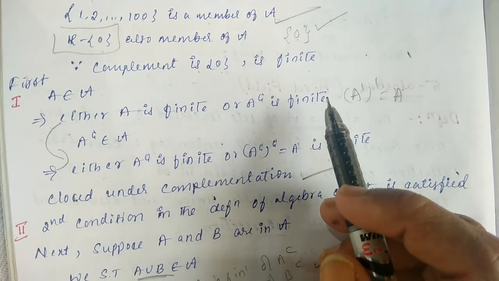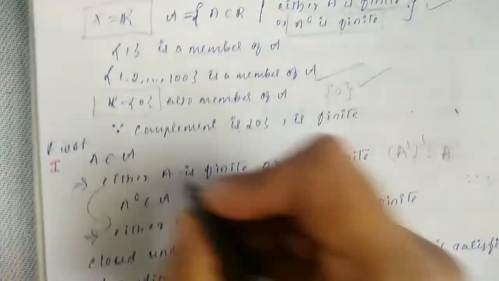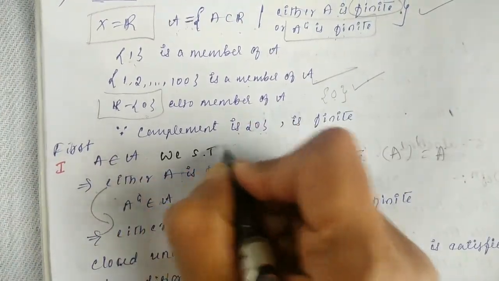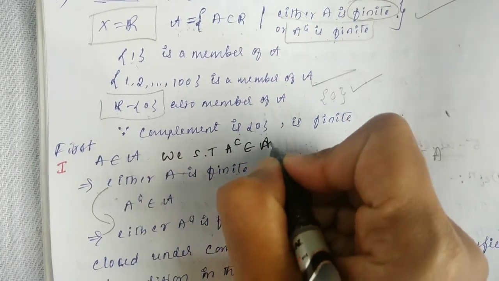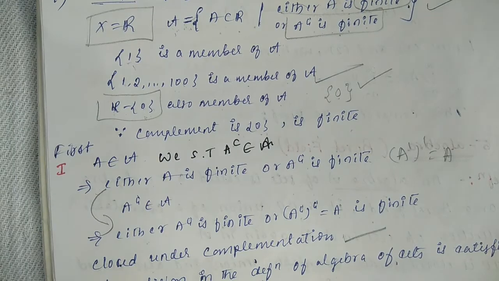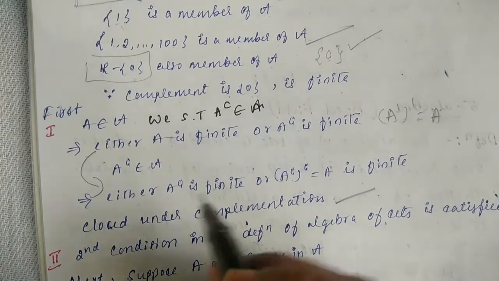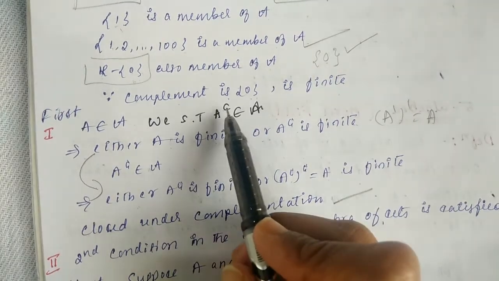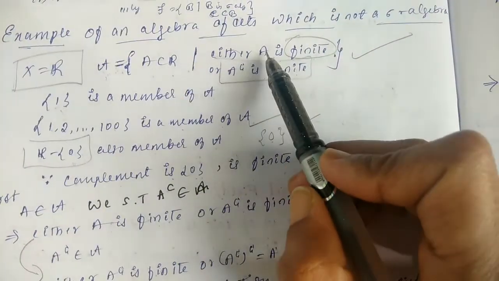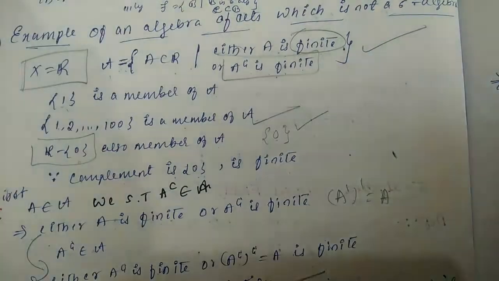What we have to show now is that A complement belongs to A. Then the collection becomes closed under complementation. For A complement to be in A, what is the condition? A complement is finite or the complement of A complement is finite. So what is the condition?